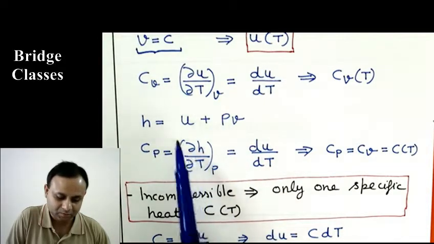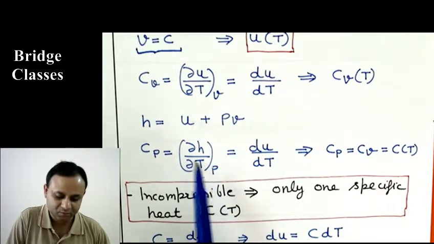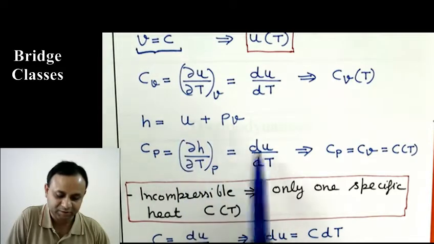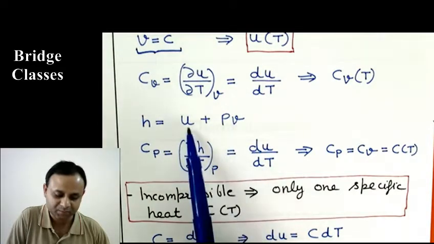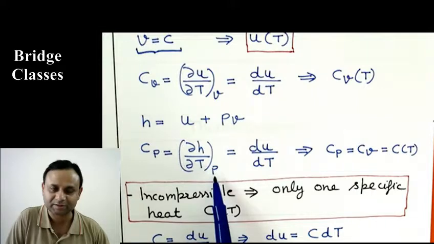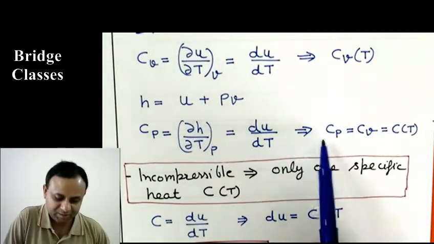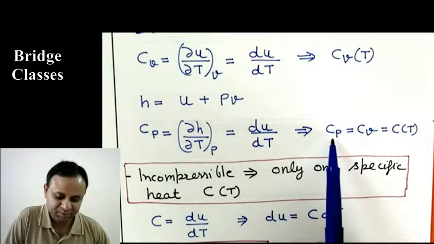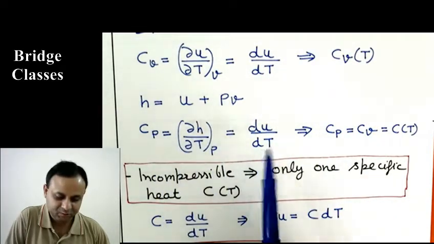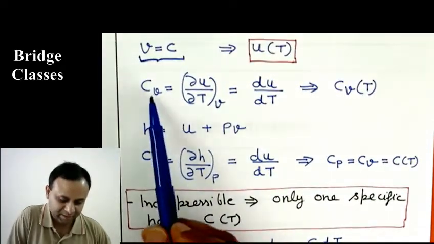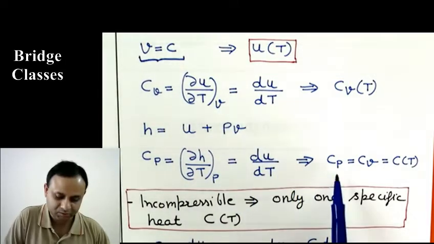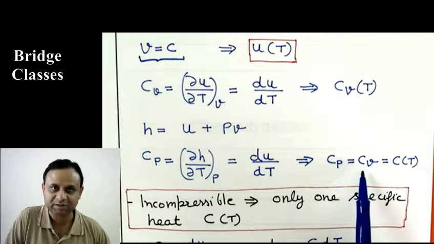So del H del T at constant pressure will just become du dt, and it will be total derivative because U does not even depend on pressure. So what do we get? Cp is du dt and Cv is also du dt. So we got Cp equals Cv for an incompressible substance.